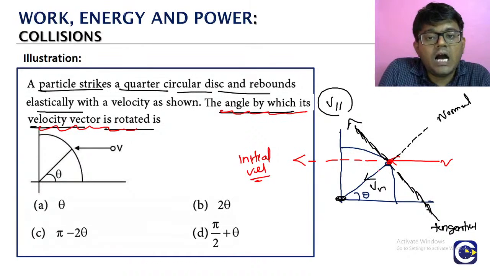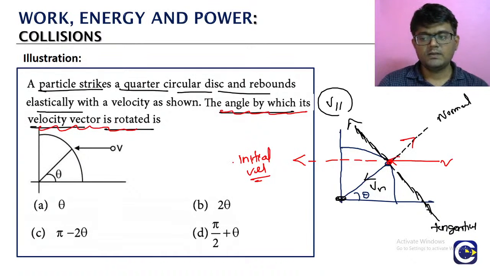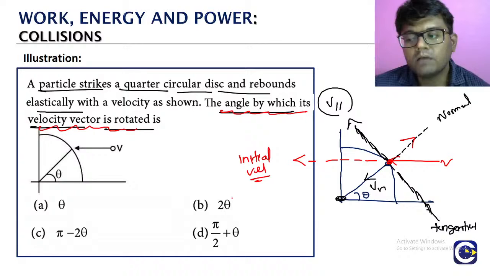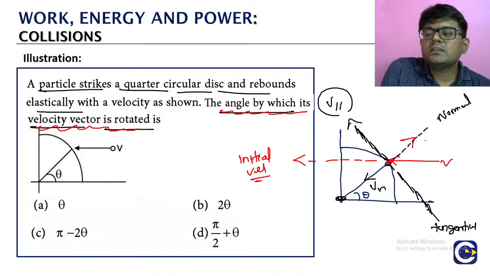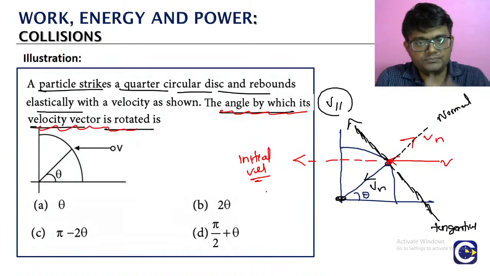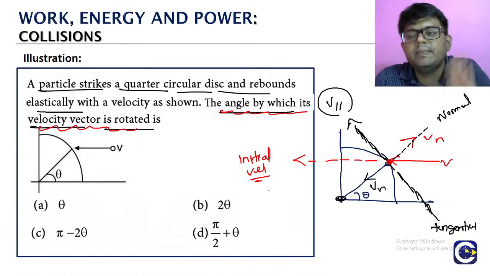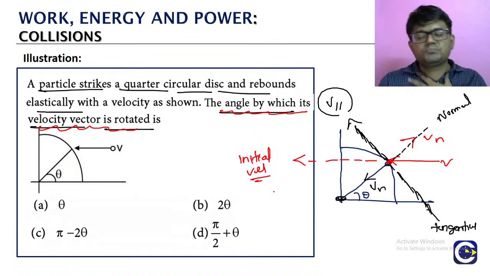So after collision, what is going to happen? The particle is going to bounce back. It will bounce back with the same value of the velocity. It will change the direction, but the speed will be the same. Now by the symmetry principle, this is symmetrical, no?